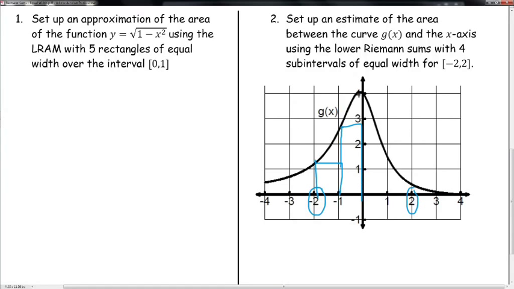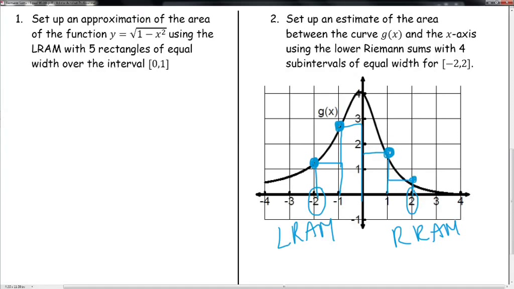Sometimes it might be a right Riemann sum, sometimes a left Riemann sum. I can't go above the curve, I'm going underneath it. The corner of my rectangle on the left-hand side creates a left Riemann sum, an LRAM. On the right-hand side, I'm using the right-hand corner, and these create a right Riemann sum.